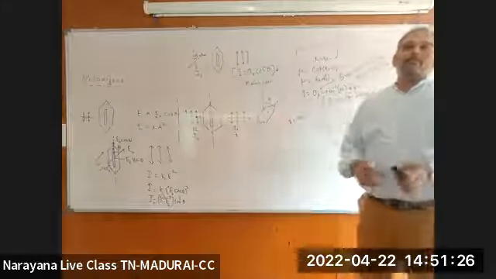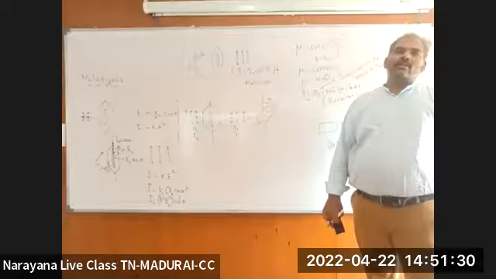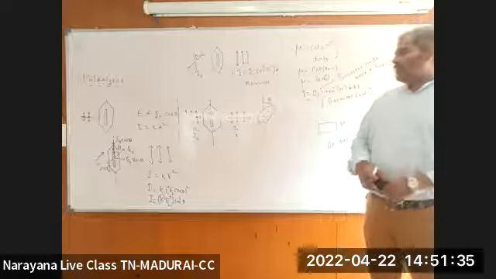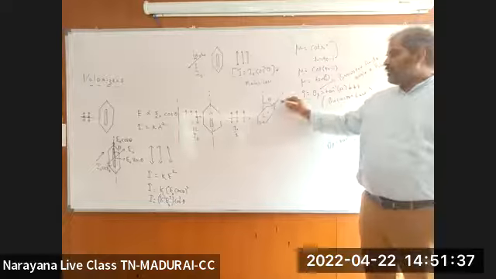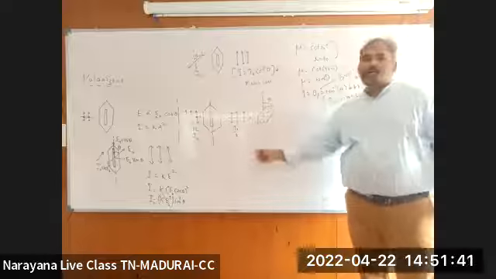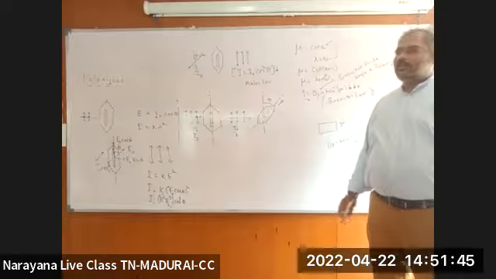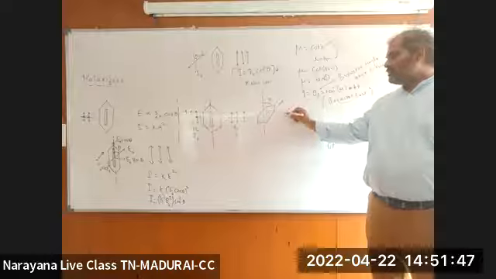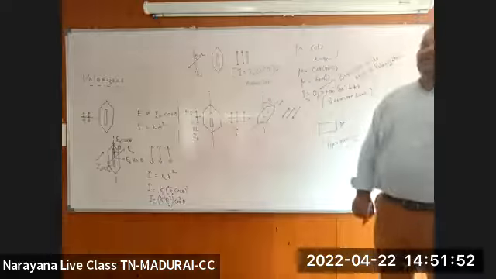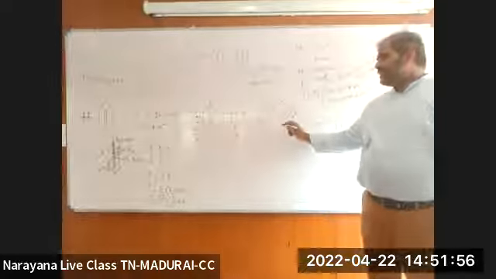Now tell me again, all components are not permitted. Only the components along the axis of polarizer will be permitted. So how will you draw this? Like this we have to draw, because only inclined components will be permitted. Now tell me what is the intensity of this?